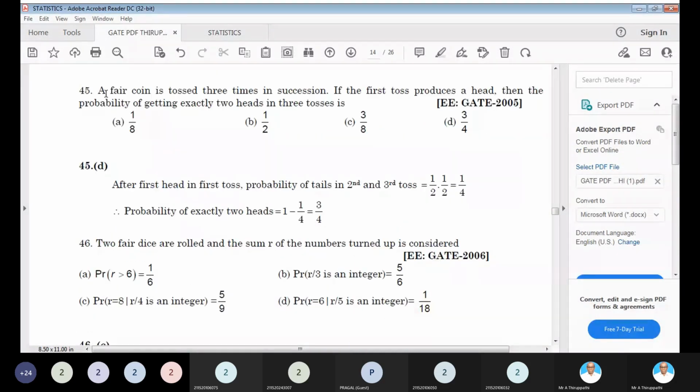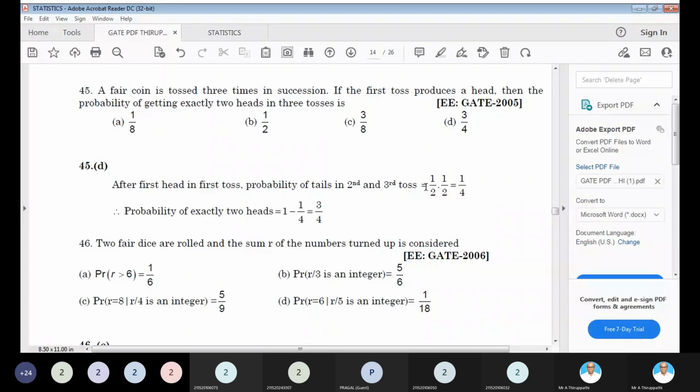Look at the problem. This is the coin problem, a compulsory problem. A fair coin is tossed 3 times in succession. If the first toss produced a head, then the probability of getting exactly 2 heads in 3 tosses is equal to: after the first head, the probability of tail in the second toss is 1 by 2 into 1 by 2, because the probability of success and the probability of failure are equal, that is 1 by 2.